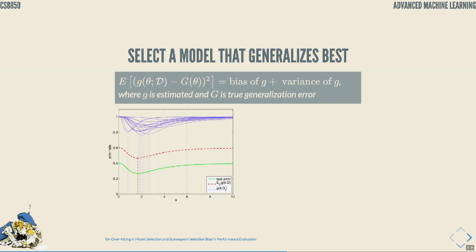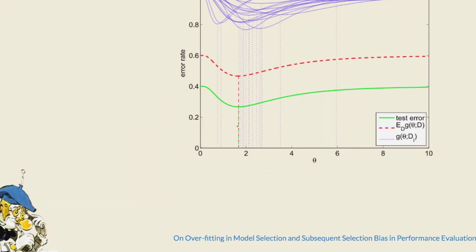It's basically an unbiased estimator. And if we look here, you'll see that that's what is happening. Our test error is our generalization error, right?